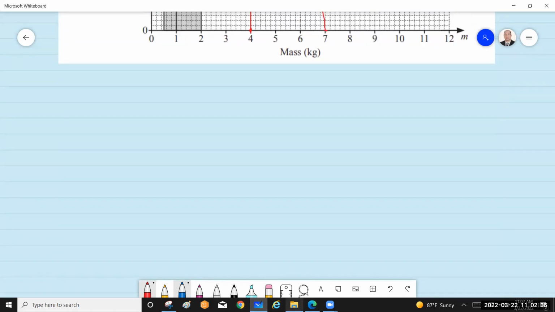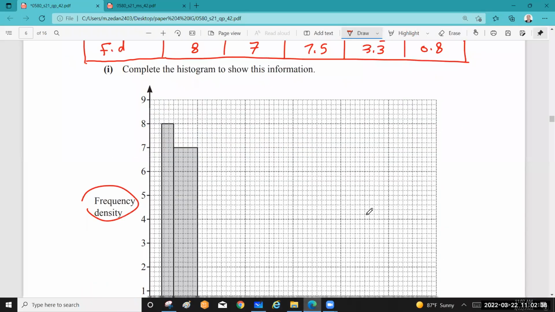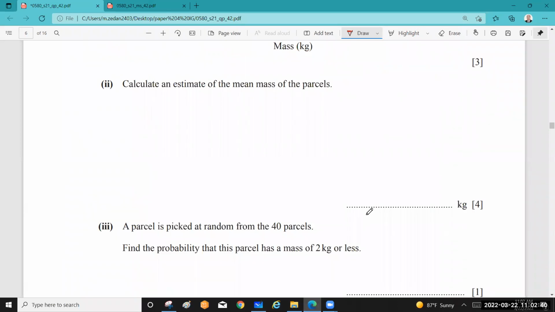But if I go back to the exam here, calculate an estimate of the mean. To estimate the mean, you know, the rule is x bar is the summation of x times f over the summation of f.